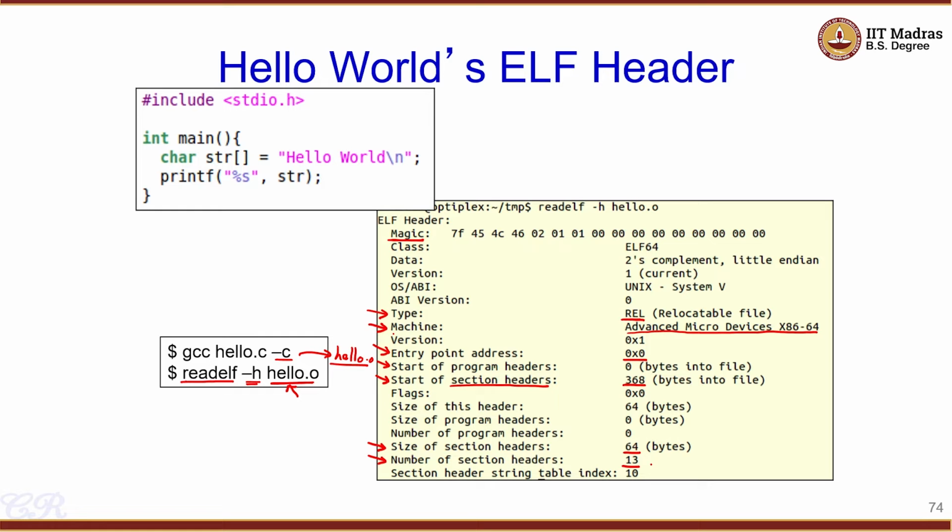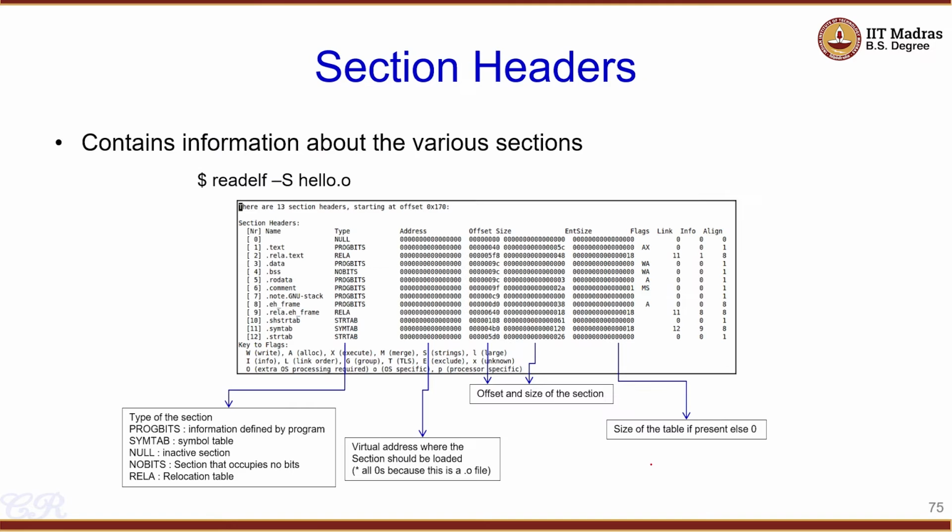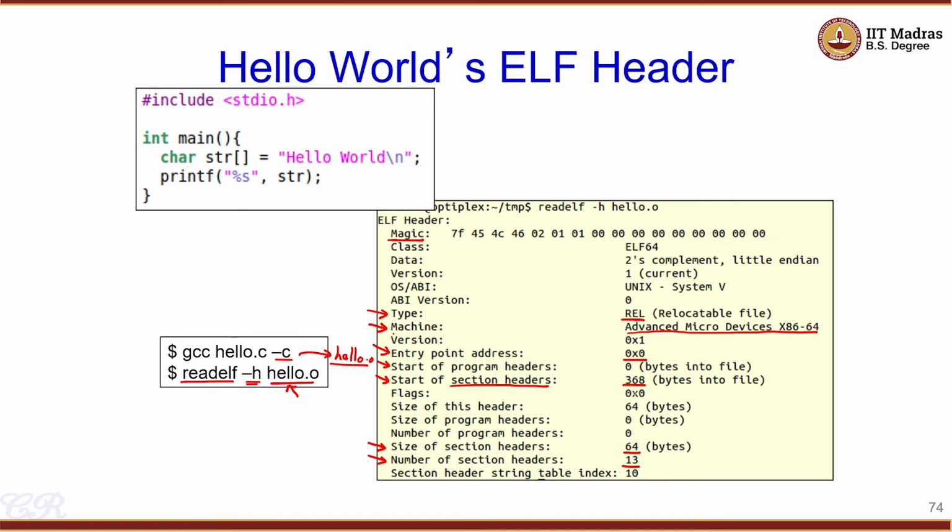Let's go into a little more detail and try to look at these section headers. For this particular program, if I use readelf with the -S option and then hello.o, it would read the section headers from the offset of 368 bytes.